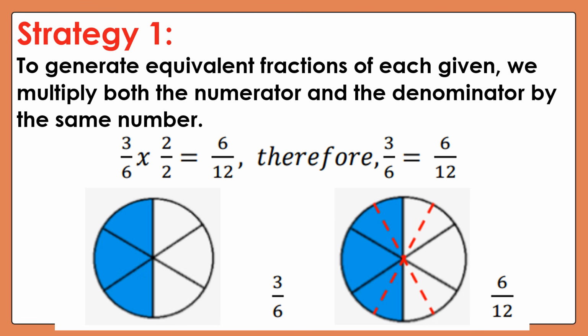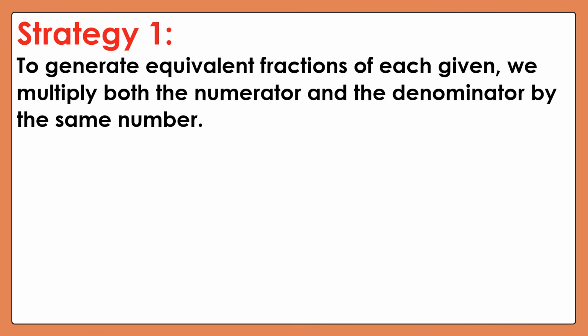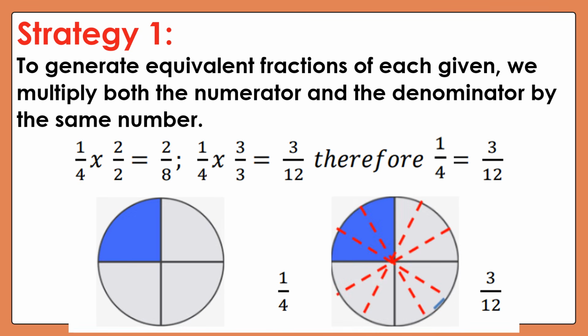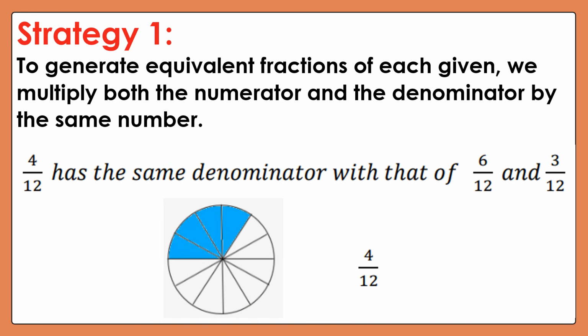3/6 times 2/2 is equal to 6/12. Therefore, 3/6 is equal to 6/12. Therefore, 1/4 is equal to 3/12. 4/12 has the same denominator as 6/12 and 3/12.